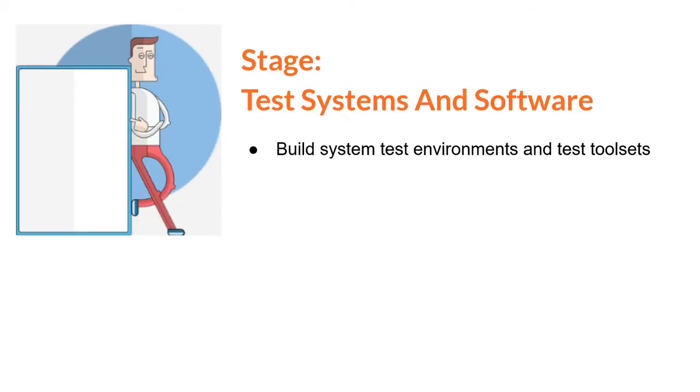So this is a separate team called the system test team that's responsible for building a copy of the development system, following all of the documentation, making sure everything works, and building their own test environments, building their own testing tools, and writing test plans and test strategies which are derived from the requirements specification.